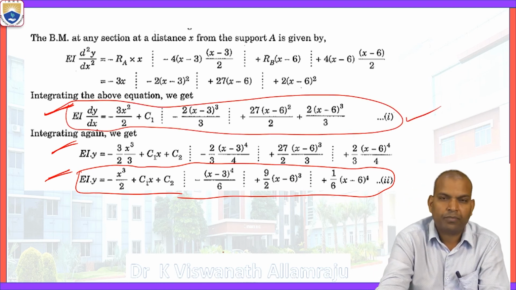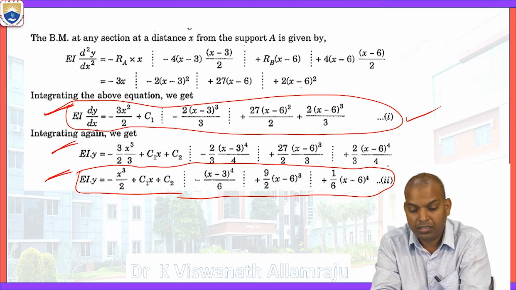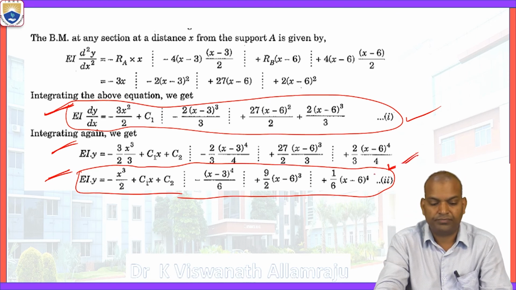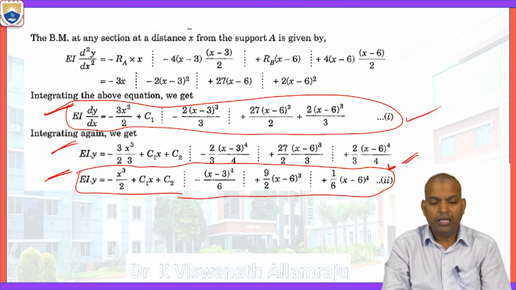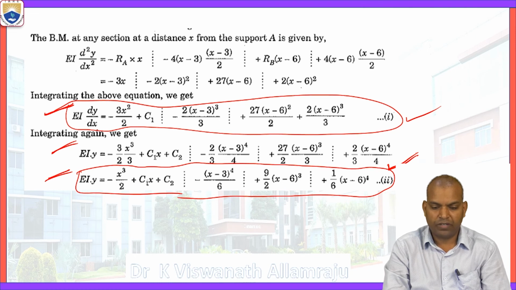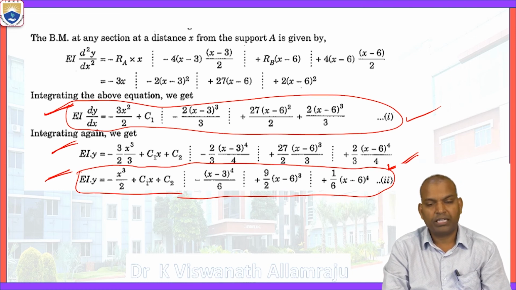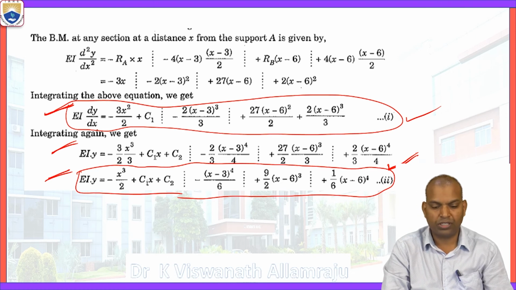This is the slope equation. It is the deflection equation. So equations 1 and 2 are the slope and deflection equations, but slope equation 1 consists of one constant of integration C1, and equation 2 consists of two constants of integration C1 and C2.